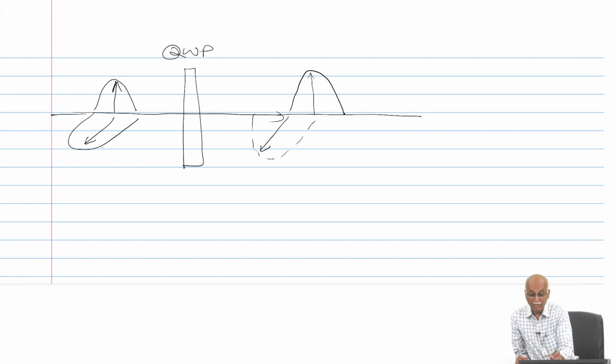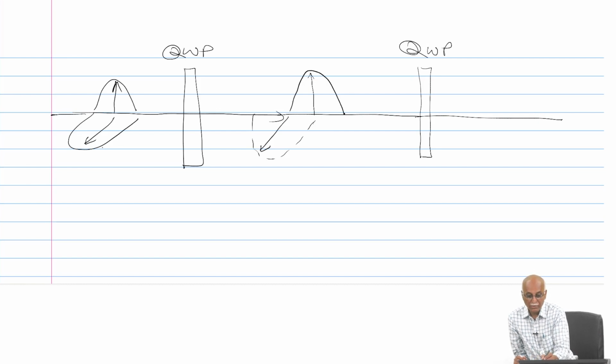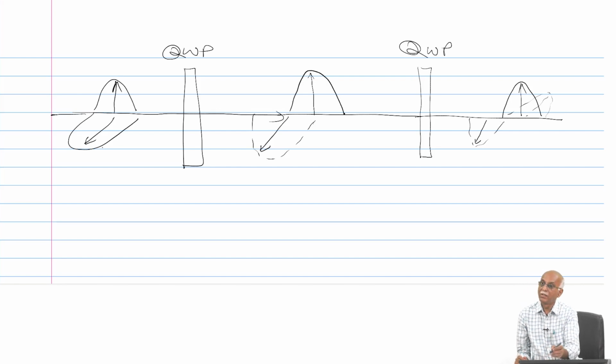Now, if I put one more quarter wave plate along the same direction, with the same orientation of fast axis, then it will move a further 90°. So, what will happen then? It will move by 90°, is it not? Now, what has happened?